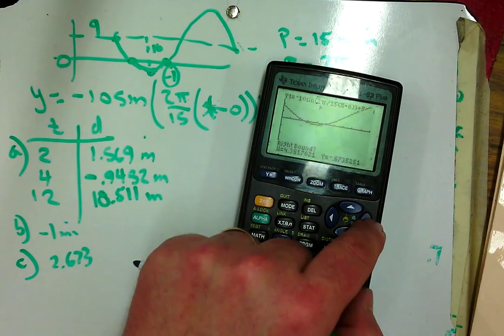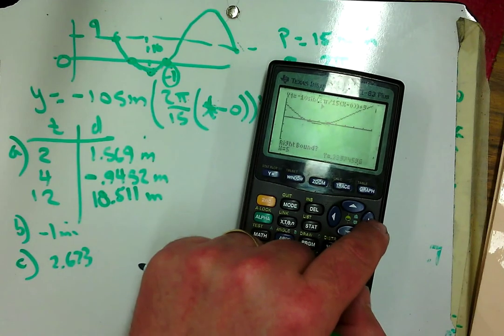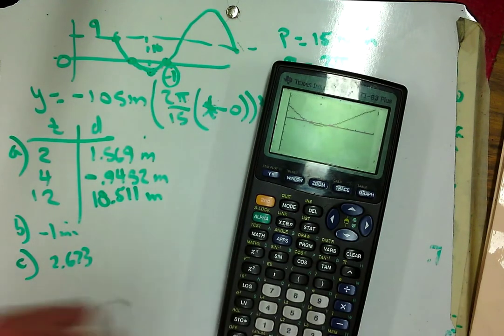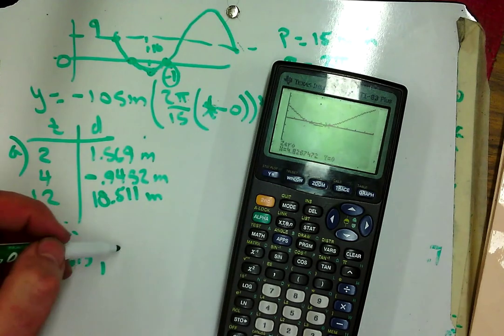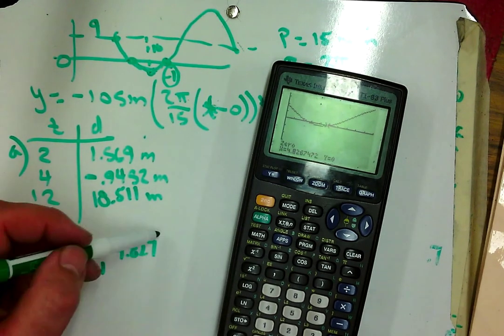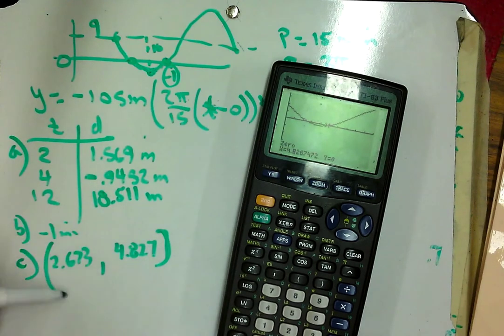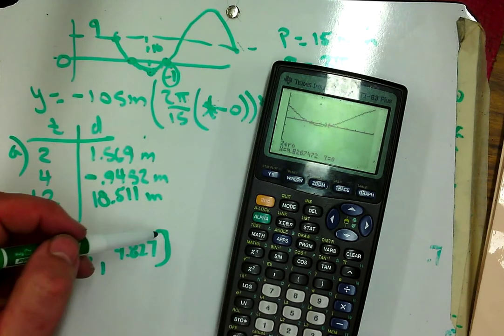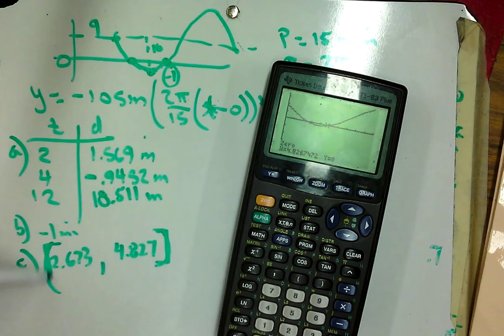Enter, on the right side of that, enter, enter. And 4.827. So between which 2 times is there no water? I think between these 2 times there's no water.